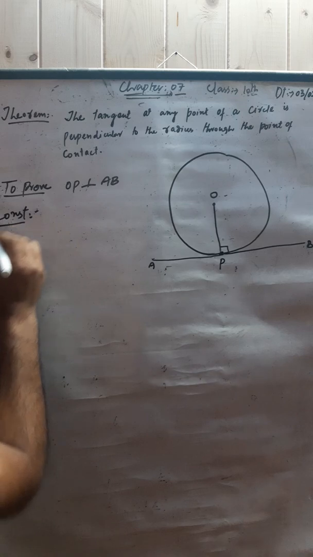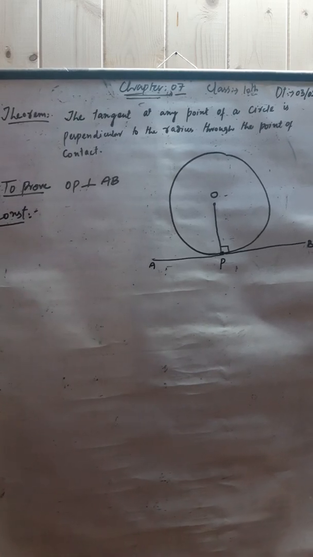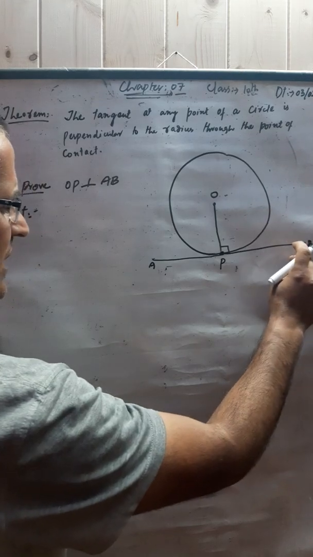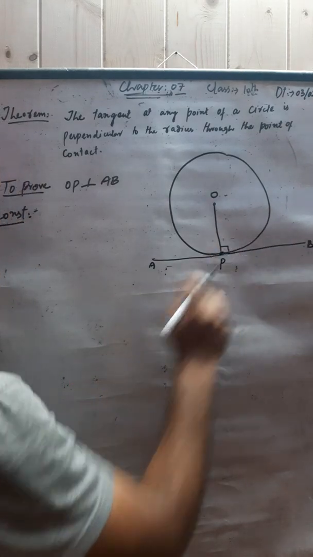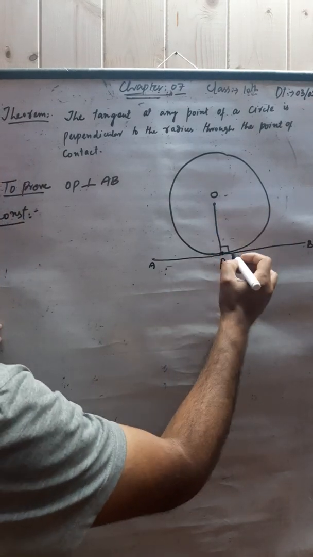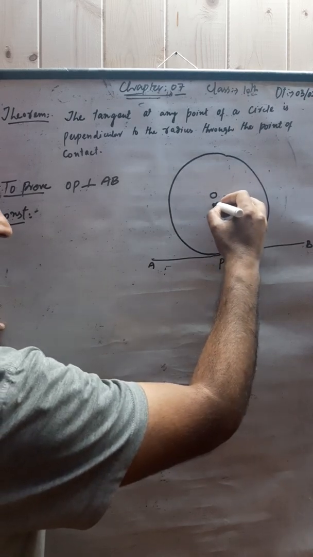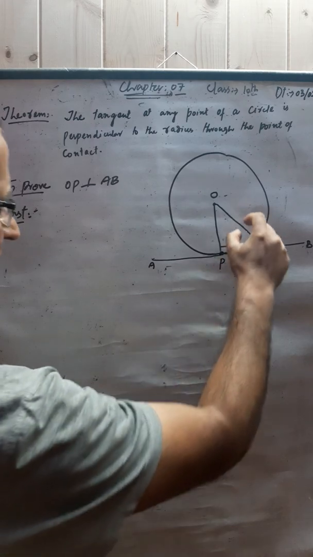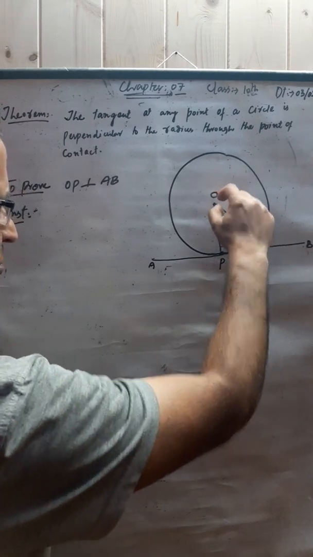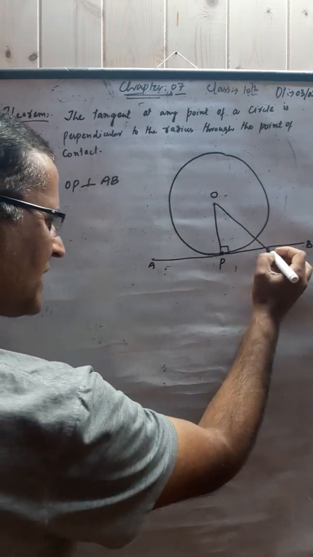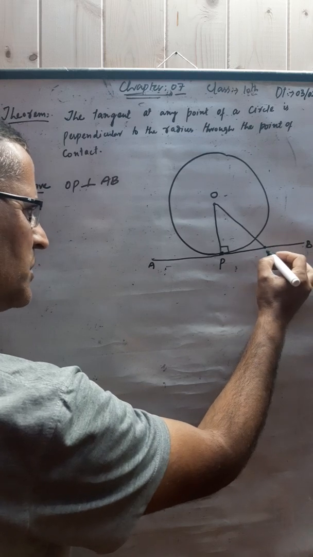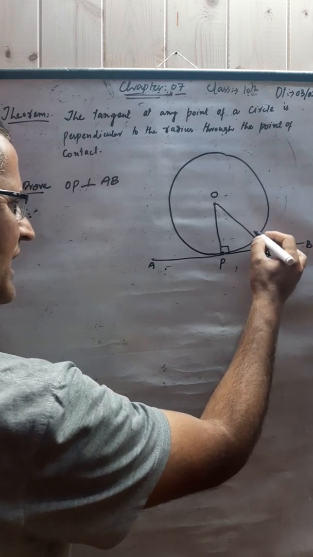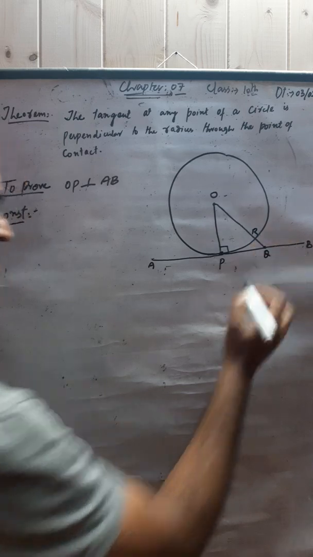In construction, we will draw a segment from point O to the tangent AB, other than P. Or we can say like this: a segment from point O that will touch the tangent at point Q. Let's consider this as point Q, and this as point R here.